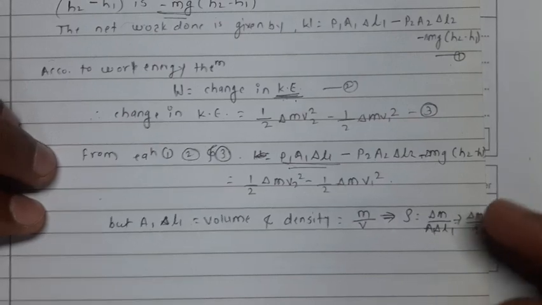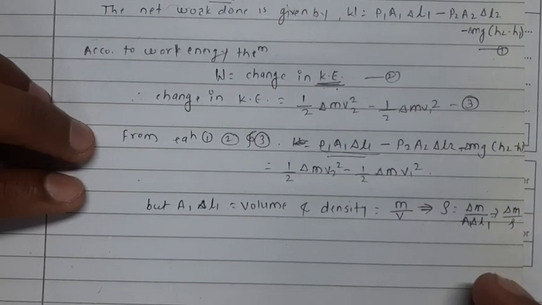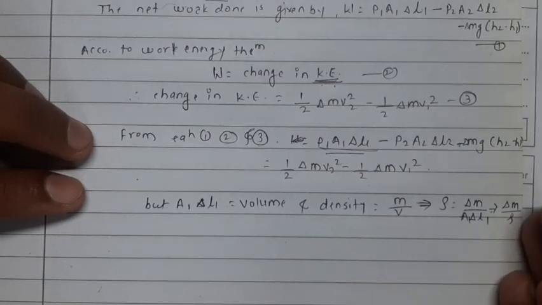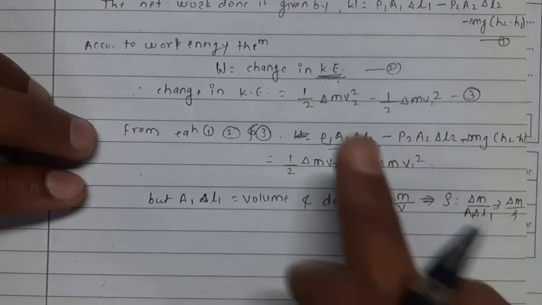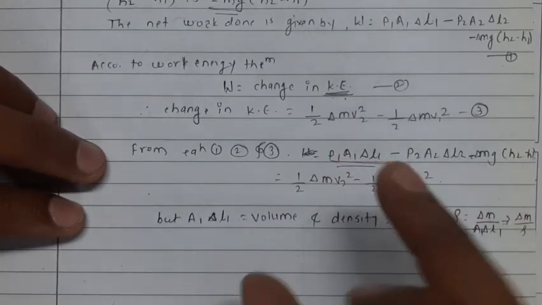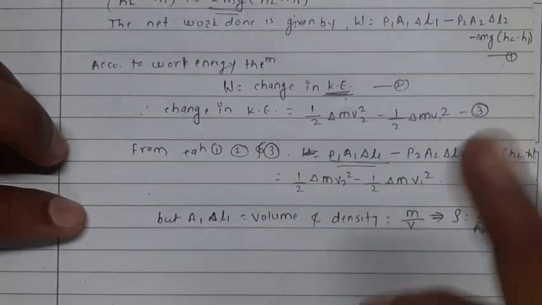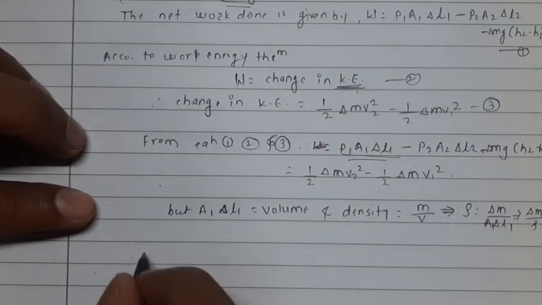It is an incompressible liquid, so density will be the same. Whatever I have written for A1 delta L1 will be the same for A2 delta L2, because the liquid is incompressible. So we can substitute in this equation.